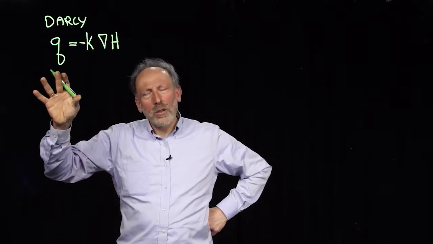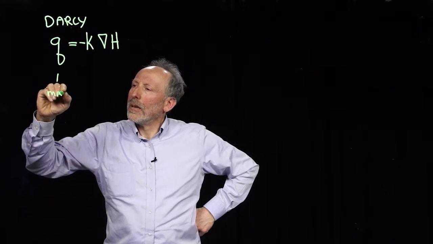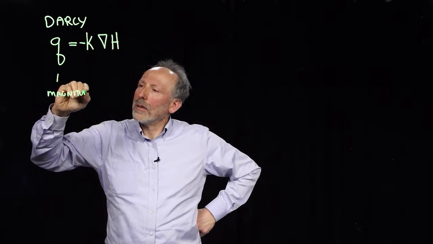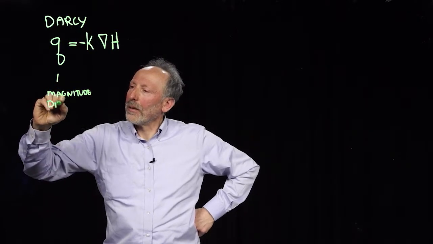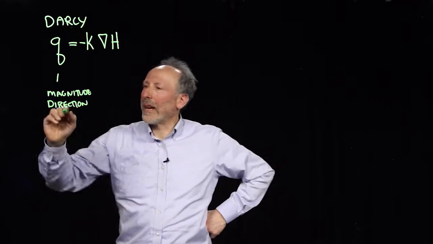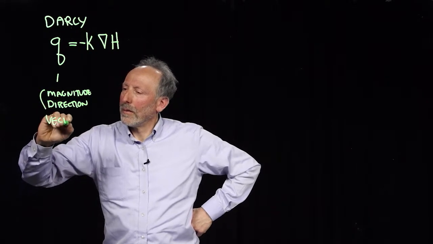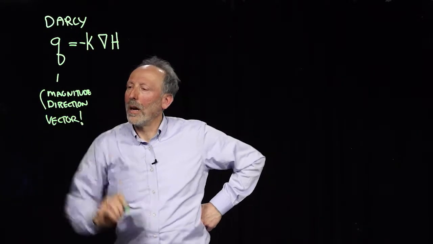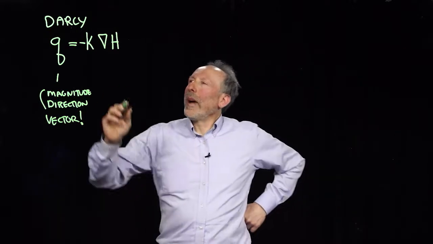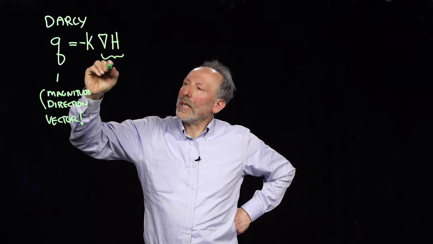Let's identify some of these things. What is Q? Well, Q has a magnitude and a direction. Okay, so it's a vector. The gradient in potential also is a vector.